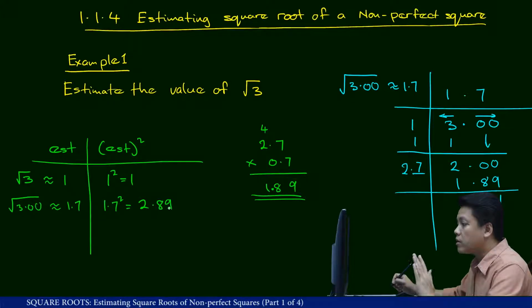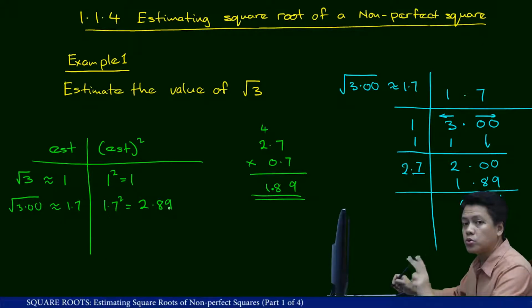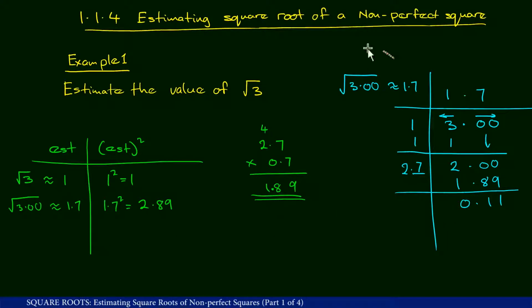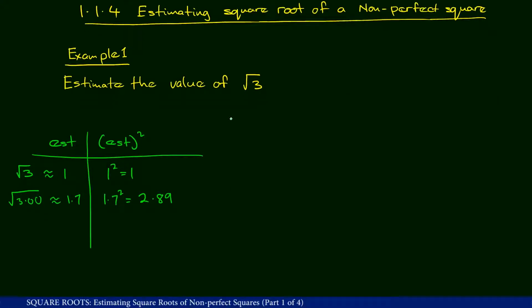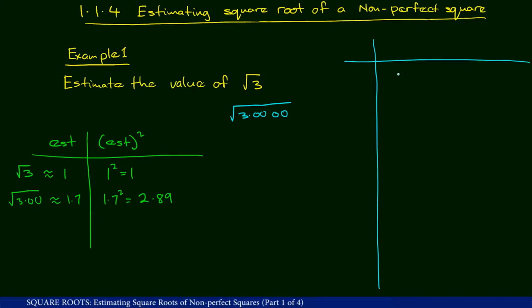And we are going to go a bit further by adding another 2 zeros behind it. So next step, you're going to find out square root of 3.0000. Okay, this is going to be longer still. 3.0000. So the first divisor is 1, quotient 1. 2.00.